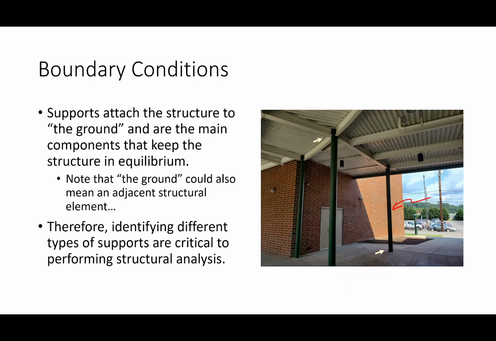Whereas if I was trying to analyze, let's say, this beam right here, well, the end of this beam isn't connected to a ground, it's connected to the next adjacent structural element, right? And so if I was looking at boundary conditions for this beam, I would be focused on how this particular connection is going to behave, not what's going on to the ground. Does that make sense? Everybody kind of okay with that?